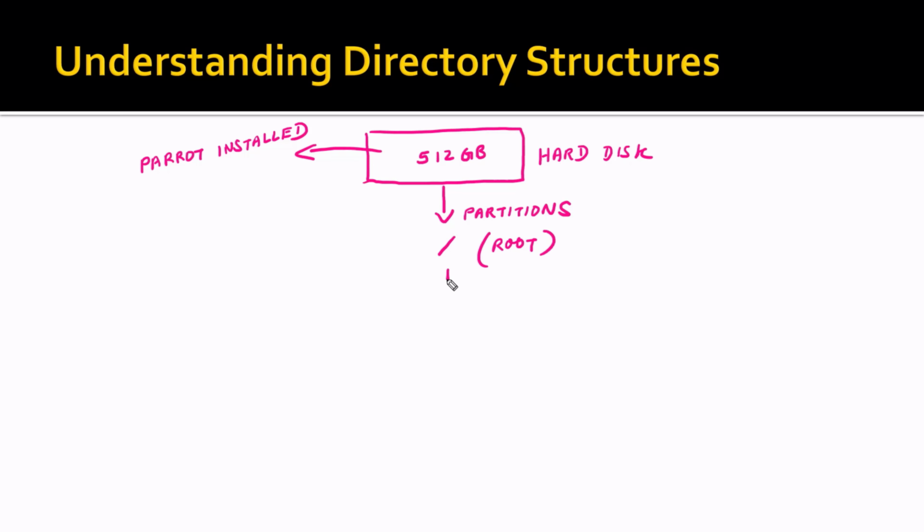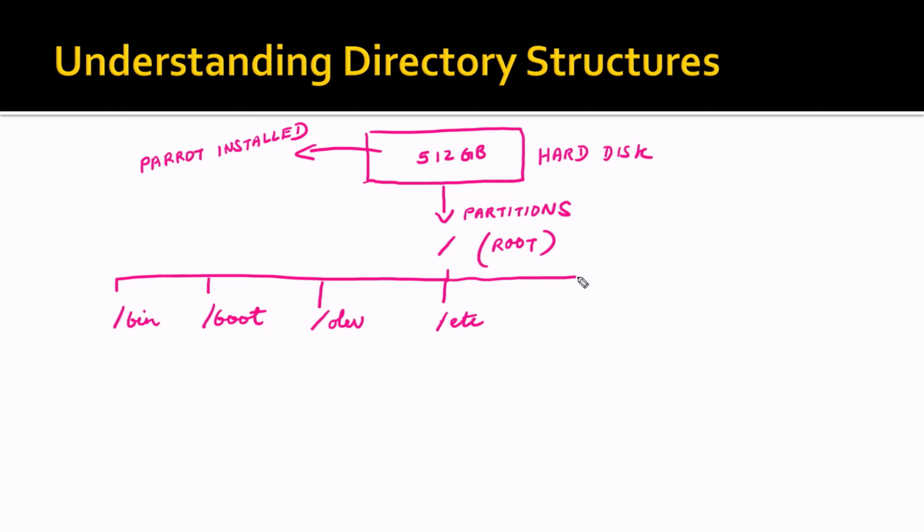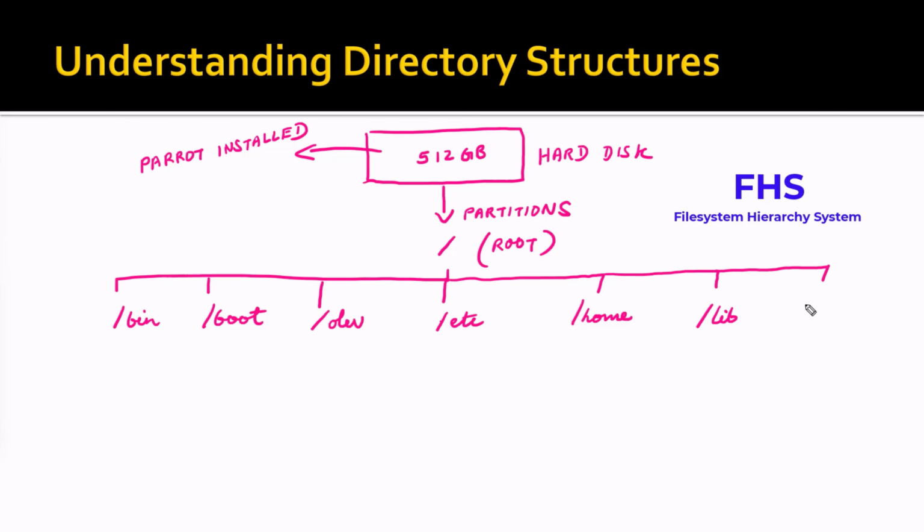Now, this hierarchy is designed to separate and categorize files and directories based on their purpose and type, adhering to the file system hierarchy, which is also known as FHS. So, the Linux directory hierarchy is a standardized file system layout used in Linux-based operating systems to organize and manage files and directories.